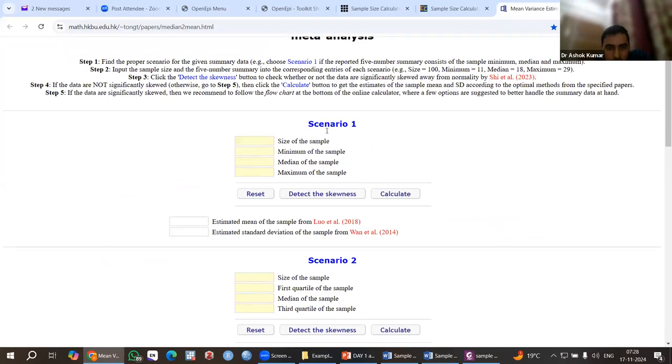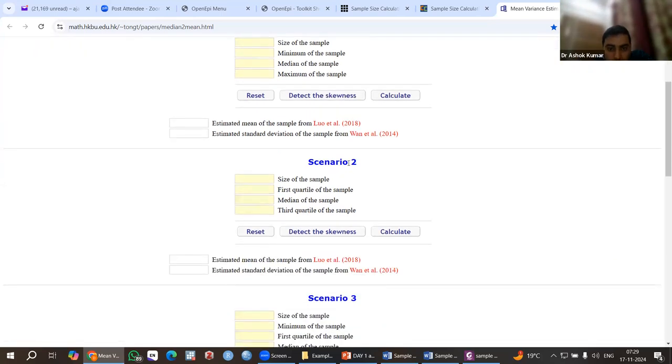So in scenario one, we have the size of the sample, minimum, median, and maximum of the sample. In scenario two, size of the sample, first quartile, median, and third quartile.